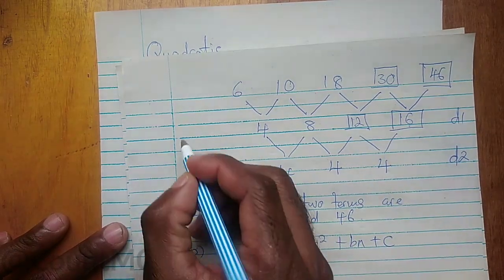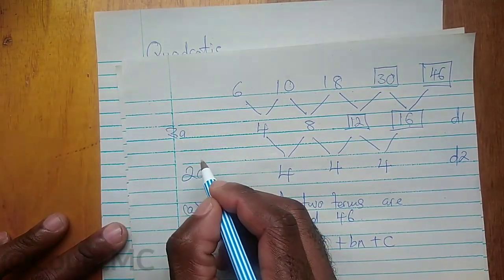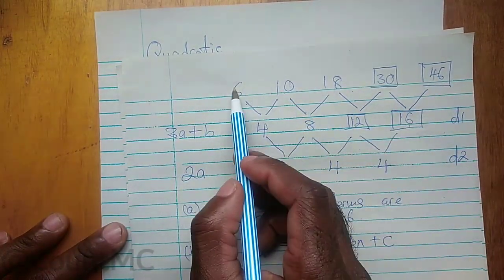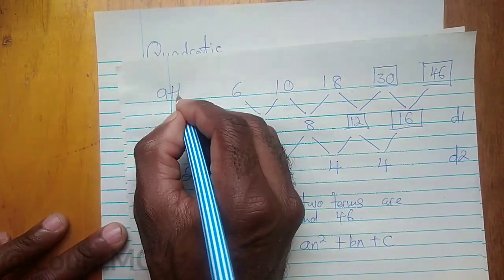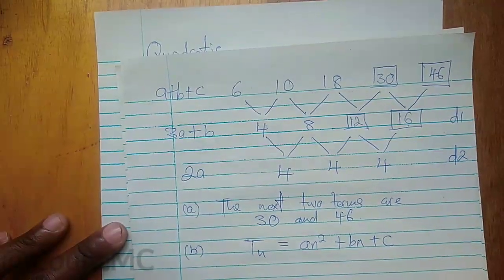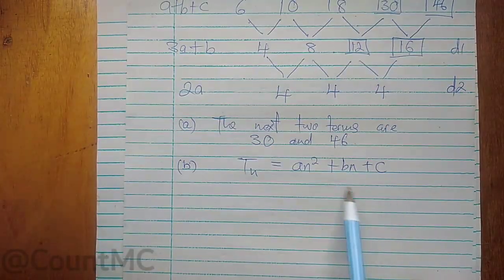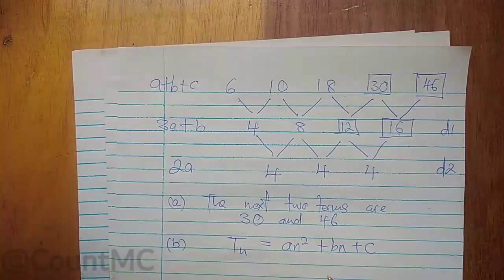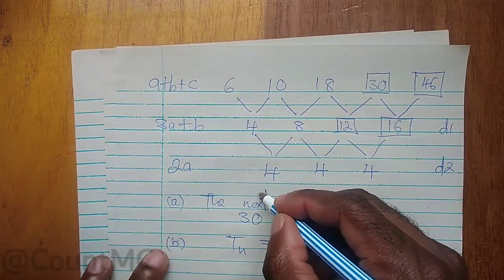On this line, we write 3A plus B. On this line, A plus B plus C. So we will start here going up, and you will be only using this.